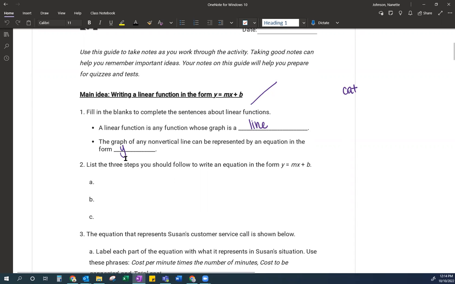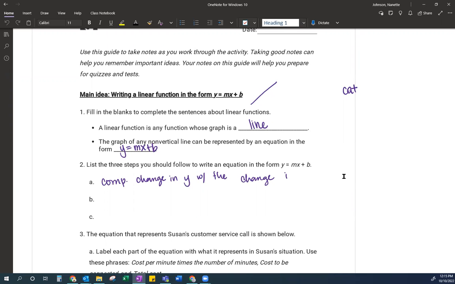Okay. So here's a bunch of things that you should know about it, but just be familiar with y equals mx plus b. Okay. Compare the change in y with the change in x. Okay, so the very first thing is you're going to compare the change in y with the change in x, right?